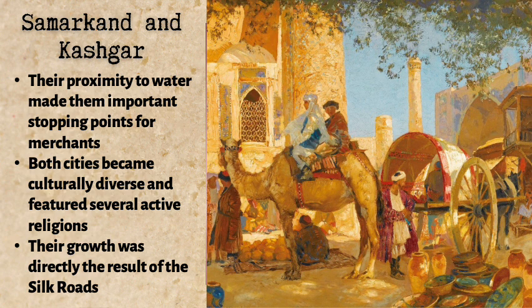The Kashgar River runs by the city, which is why it was such an important stop for those coming from or going through the dry Taklamakan Desert. This city, too, grew in diversity as it became a center of trade. Here pictured is a painting depicting a bazaar in Samarkand.